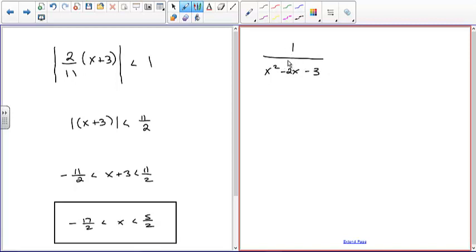I could take multiple derivatives. But what you could do is use partial fractions to rewrite this by factoring the denominator. So if I factor the denominator, I'll have x minus 3 times x plus 1. And then I would break that into two terms, like this.